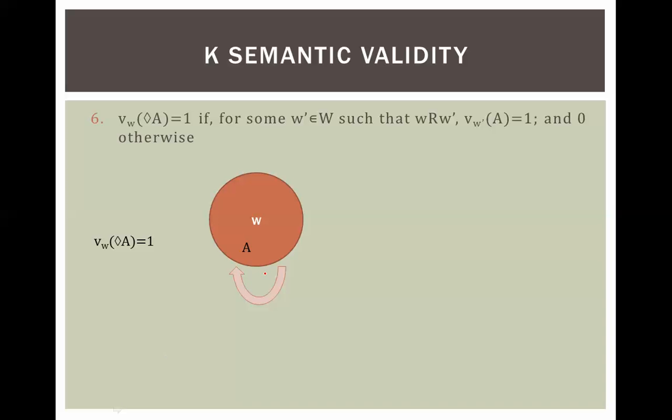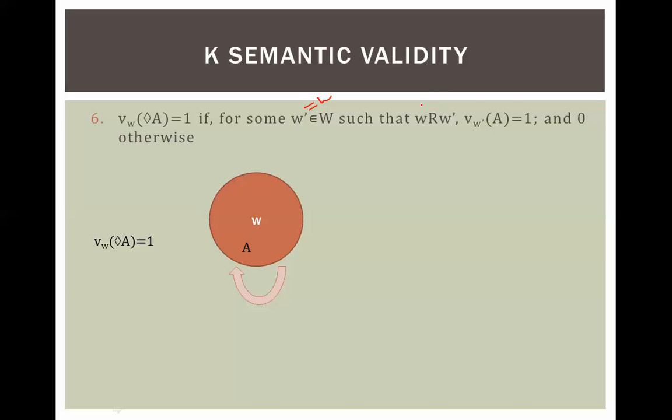going to access themselves. And here's what it looks like when a world accesses itself. If W accesses itself and A is true in W, then possibly A is true, right? Notice in this truth condition, W prime is a member of W such that the world W is related to W prime. Here I show that W prime could equal W, right? So if W prime is W, that's okay.